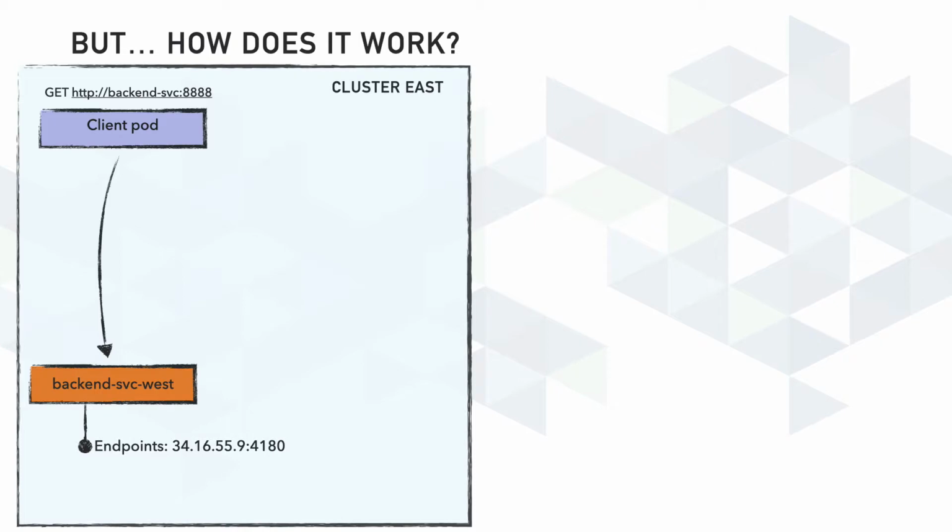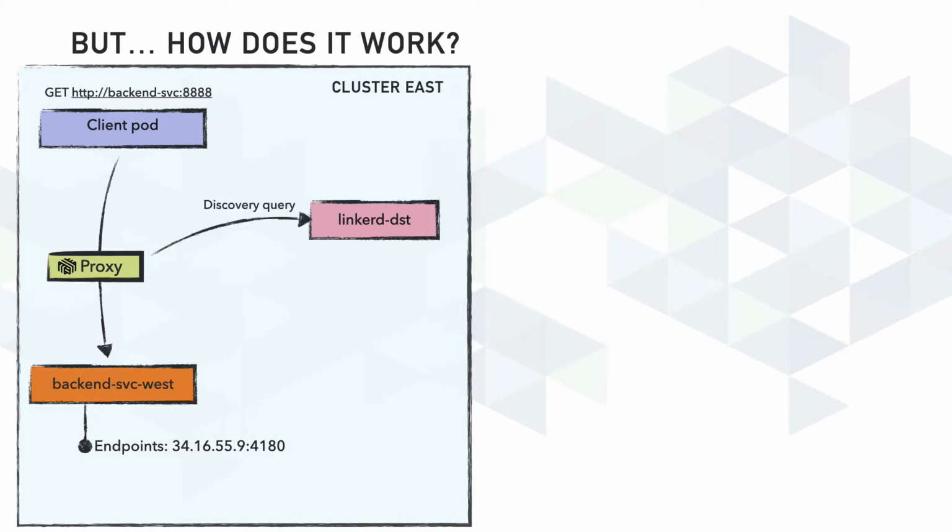And in order for all of that to happen, however, of course, there is a proxy on this client pod. So this proxy intercepts that request, and it uses the Linkerd destination service to learn a few important things. First of all, it issues a discovery query to the destination service.